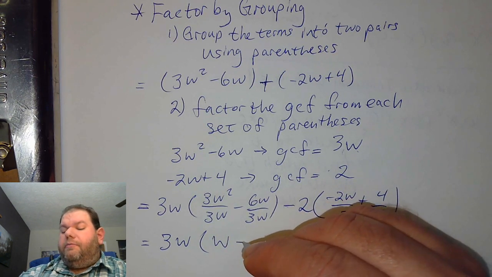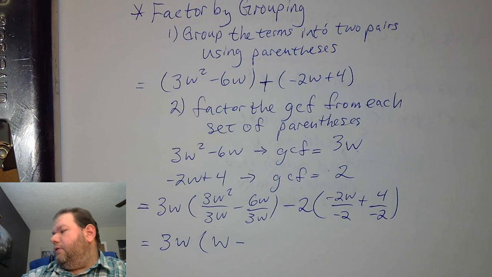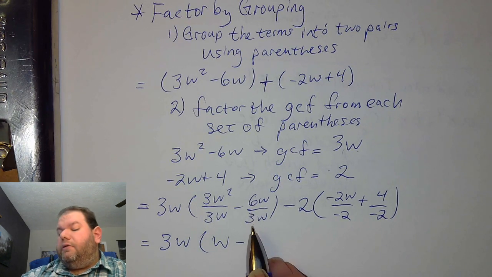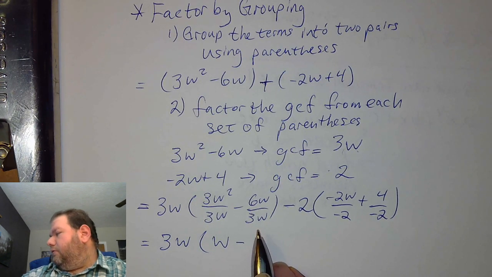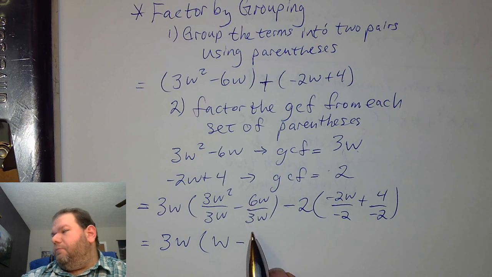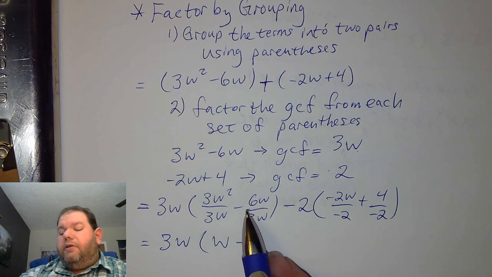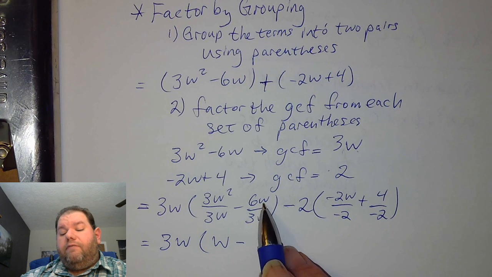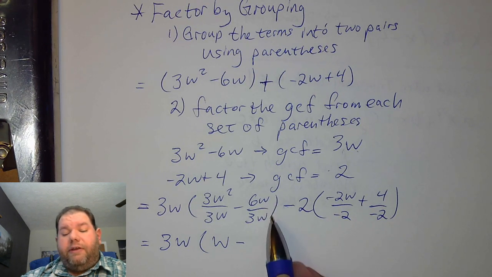Get a W minus 3. 6 divided by 3. Remember, the constants we divide, the variables we subtract the exponents.